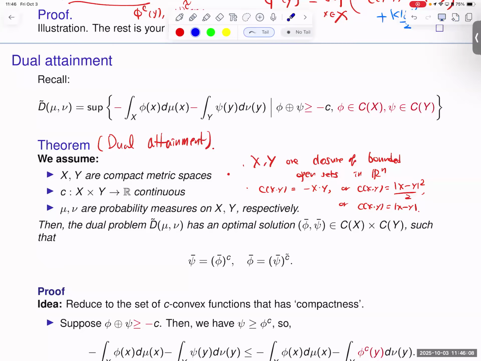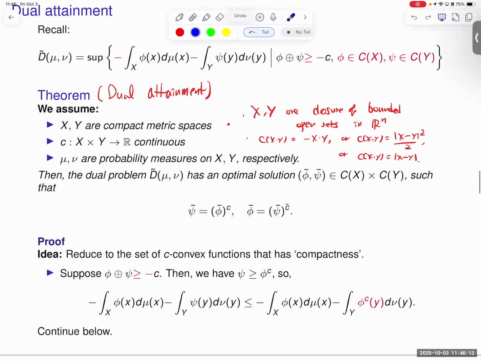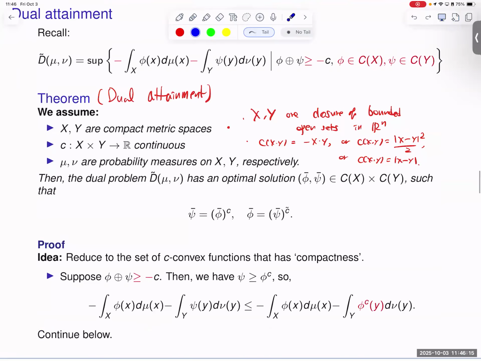And we are going to use this C-transform for that. Why? The results of C-transforms are nice functions, like Lipschitz or uniformly continuous, and all these nice properties come from the nice properties of the cost function C. So the set of such functions resulting from the C-transform will have certain compactness.